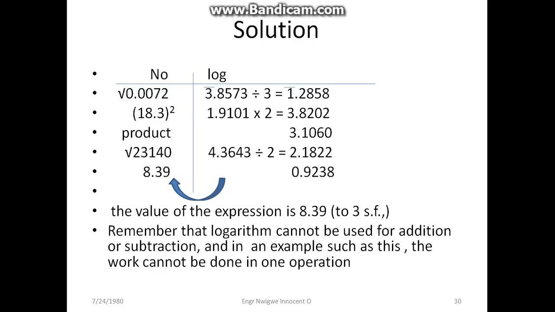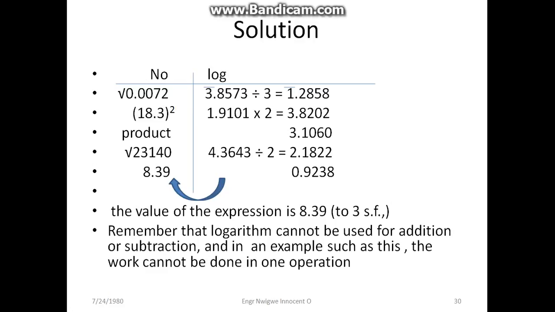Therefore, we divide bar 3 by 3 to give us bar 1, and divide 0.8573 by 3 to give us 0.2858.